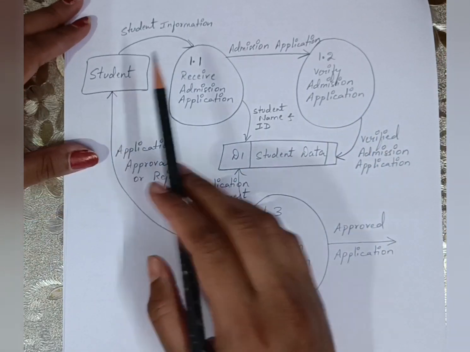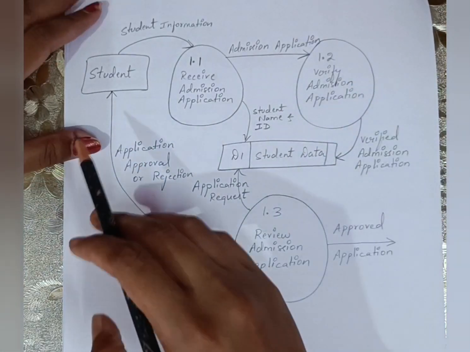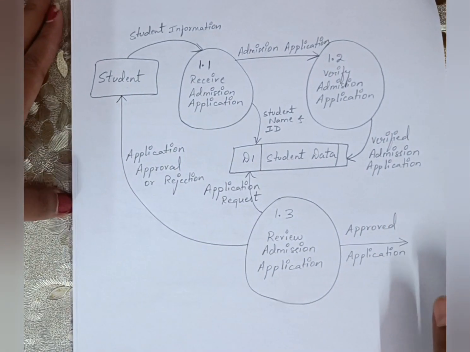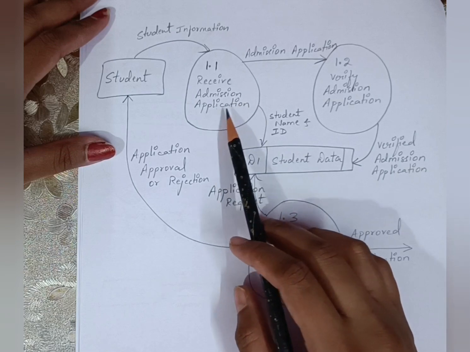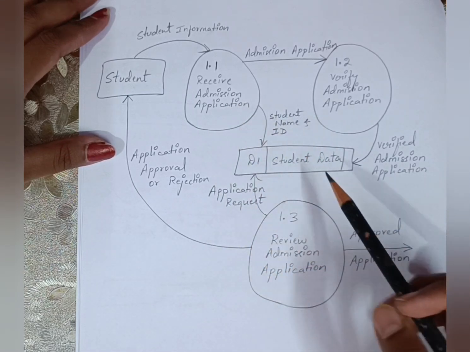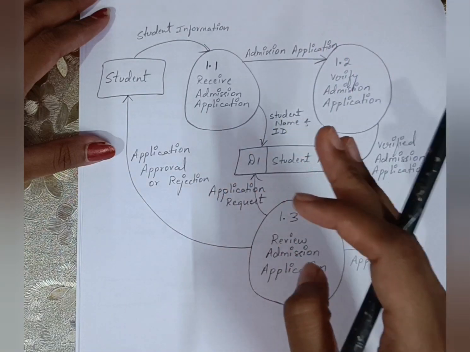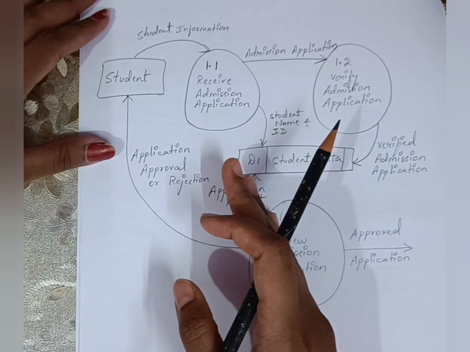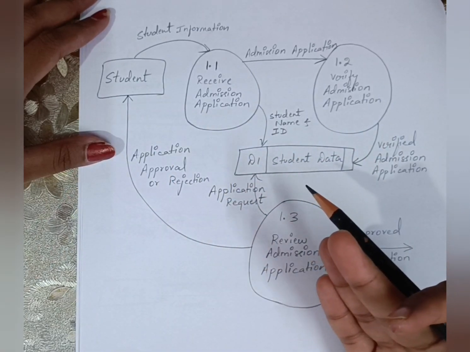Here is the student; the admin I have just skipped for now, but you have to add that also in this diagram. The student is the entity we have seen previously, and then receive admission application. The first process we saw in the level 1 DFD, we are again dividing into sub processes, going a little more in depth.